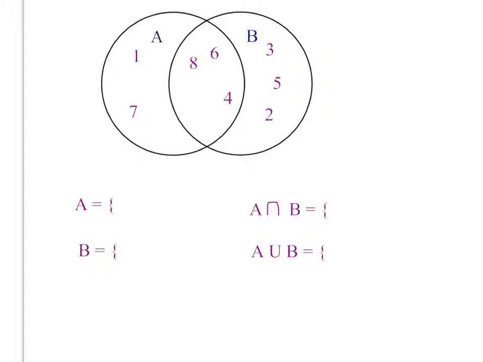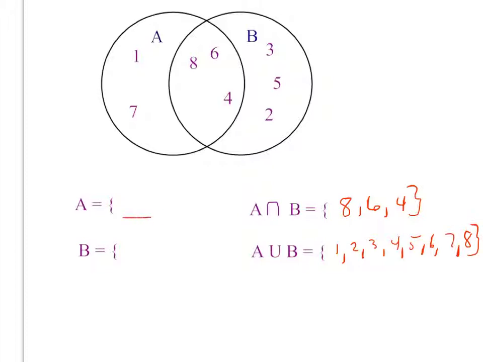Anyway, A intersect B, for example, in this diagram would simply be what's common to both A and B. So in this case, it would be the numbers 8, 6, and 4. And A union B would be everything in either set, which would be 1, 2, 3, 4, 5, 6, 7, and 8.